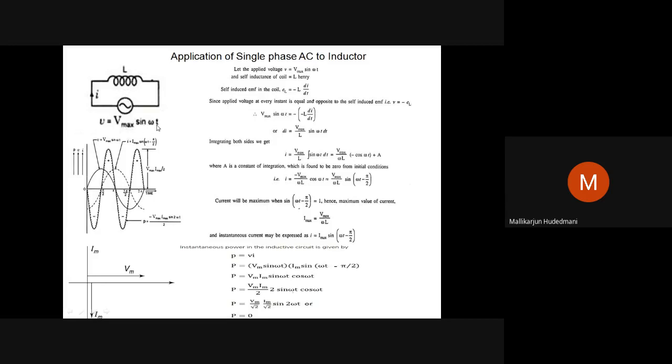Input is Vm sine omega t. The current resulted has a peak value Im sine omega t minus pi by 2, lagging behind the omega t point by 90 degrees. I say the lagging concept of current is noticed.